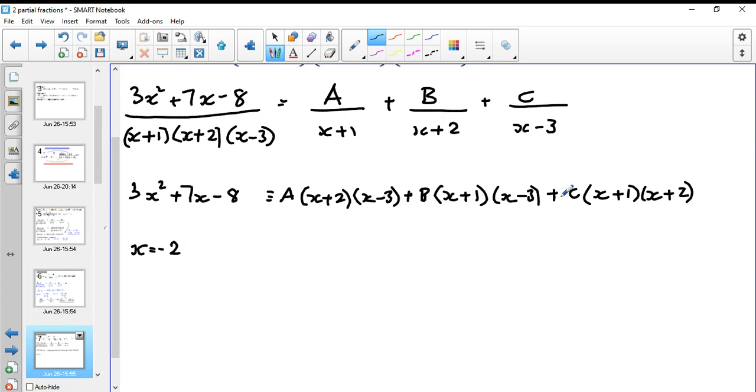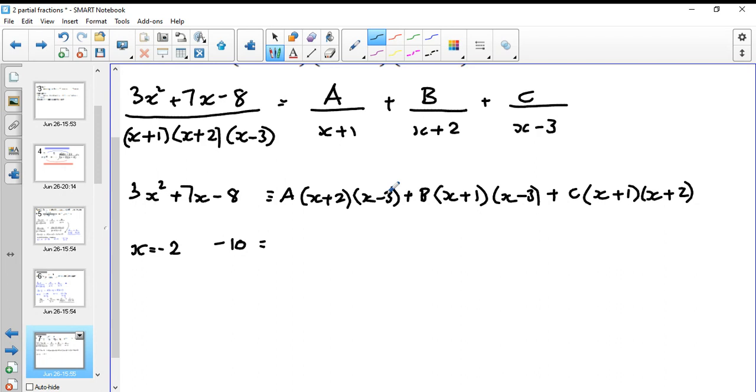So by substituting minus 2 in, I'm going to eliminate A and C, and that'll give me a chance to work out B. So if I substitute minus 2 in, this is 4. 3 times 4 is 12. Minus 14 is minus 2. Minus 8 is minus 10. Obviously, you can stick this in your calculator, but just make sure if you're squaring the minus 2 that you put brackets around the minus 2, otherwise it'll tell you it's negative.